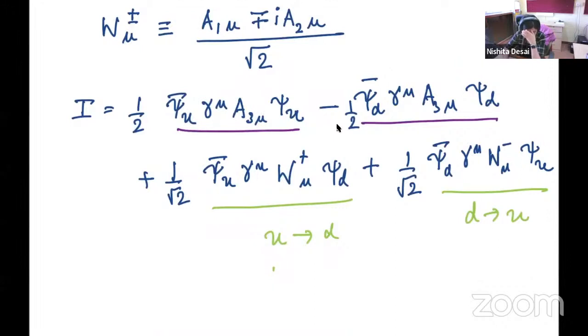So this was a toy model, and we defined some linear combinations as W's to make it look like what we expect for our beta decays, weak interaction decays. Remember, our weak interaction decay is something like n goes to p plus e plus nu. So you have a neutron that goes to a proton, electron, and neutrino.